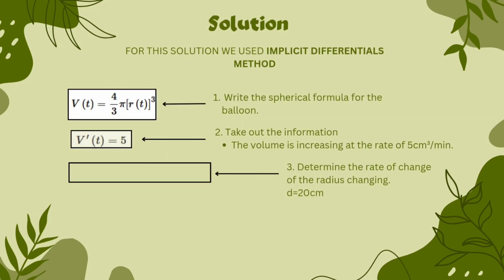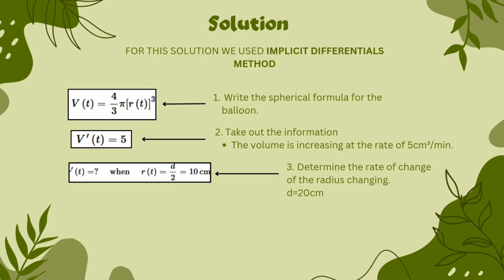For this solution, we use the implicit differentiation method. The first step is to write the volume formula for the spherical balloon, which is V = 4/3 π r³.